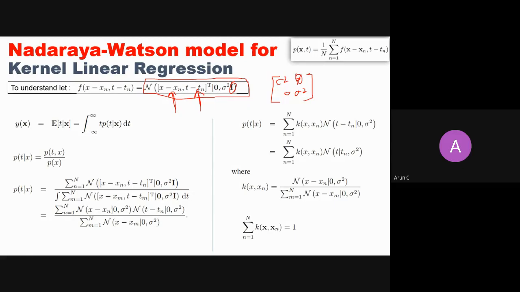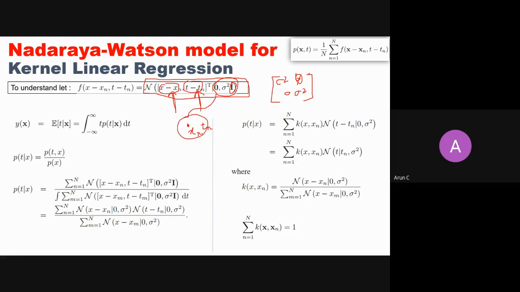But when we say that the mean is 0, and the component is shown like t minus tn, x minus xn, it means my centroid is actually at xn and tn. It is translated in the space by xn and tn. I have taken a standard normal distribution, but I have translated it to xn and tn.